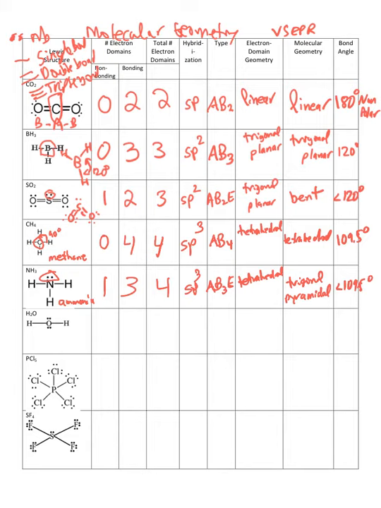H2O, water. The oxygen has 2 non-bonding pairs of electrons. It's got 2 single bonds, each worth a single electron domain. Once again, we got 4 electron domains. That means it's automatically an sp3 hybridization. We could say it's an AB2E2 type of molecule. The central atom oxygen is bonded to 2 hydrogens. That's what I'm calling the B2.